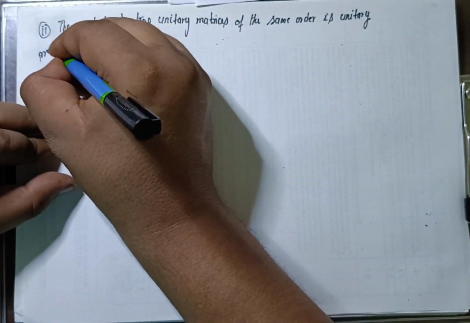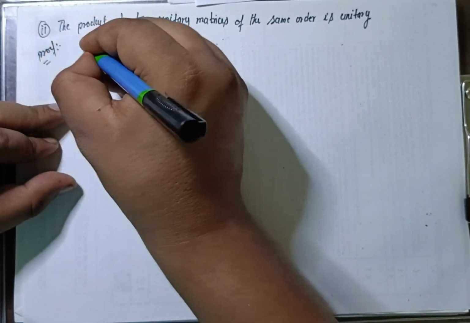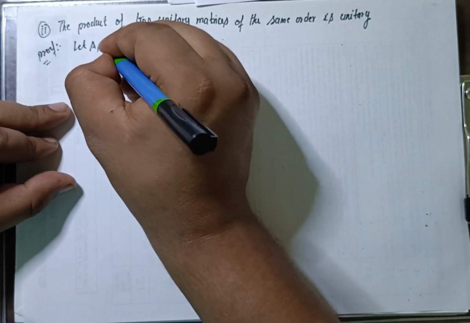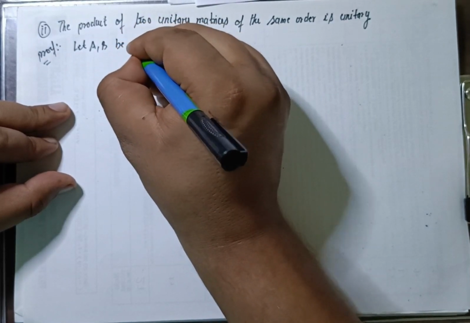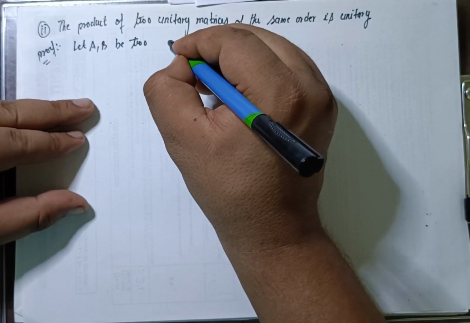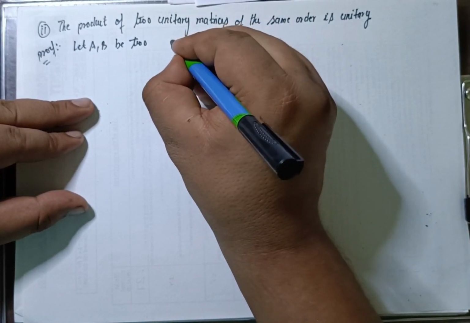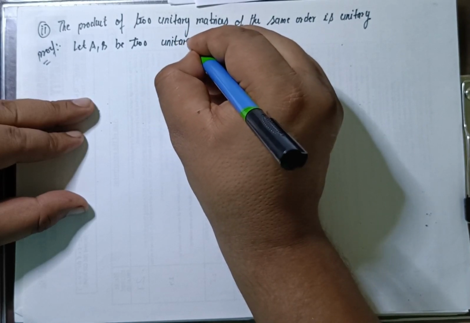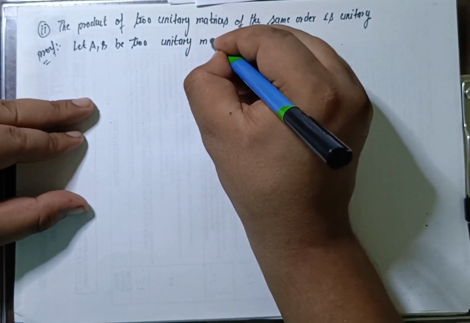Now the proof. Let A, B be two unitary matrices.